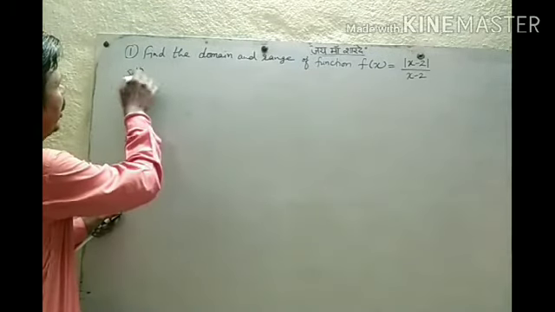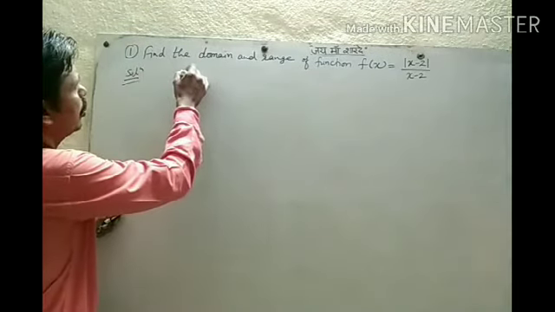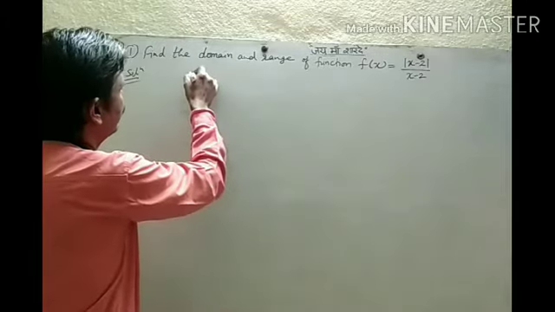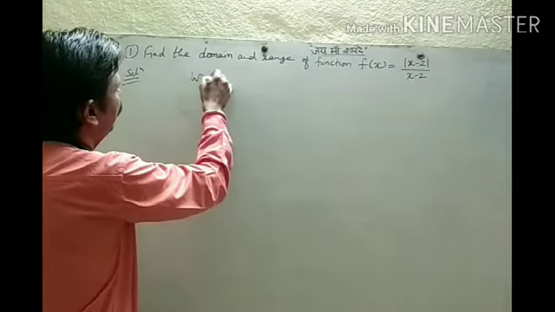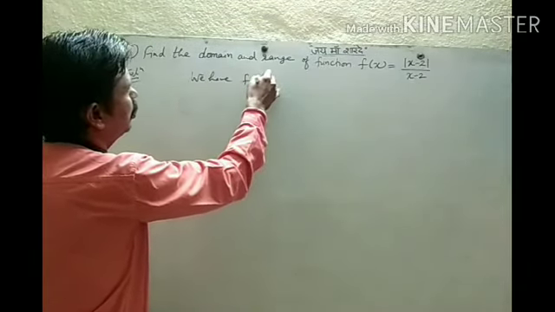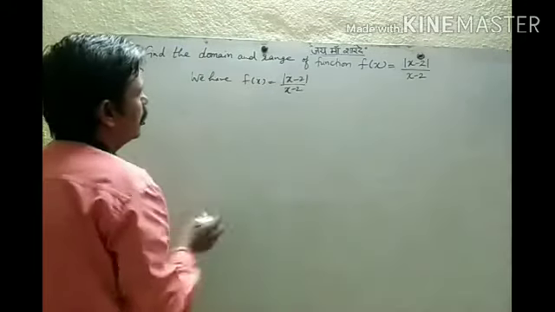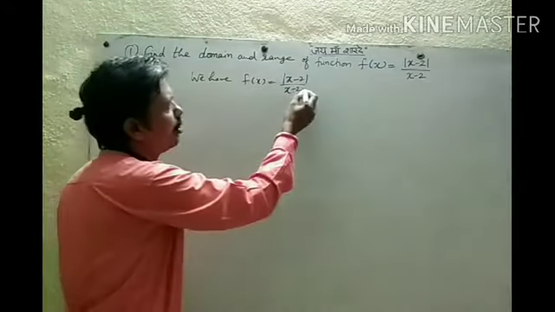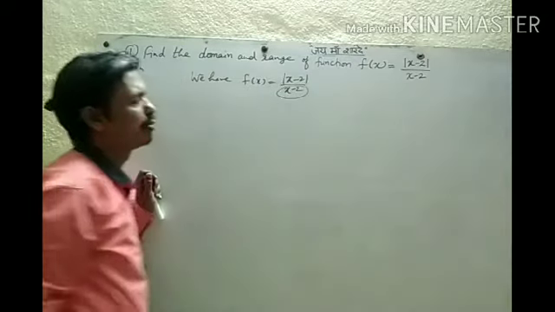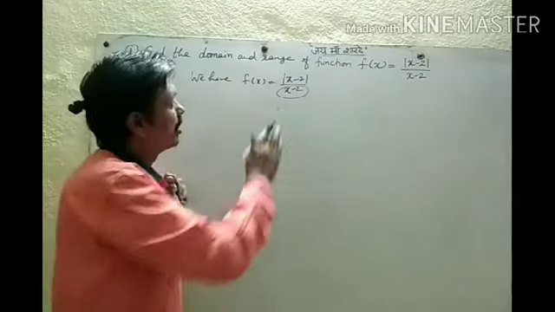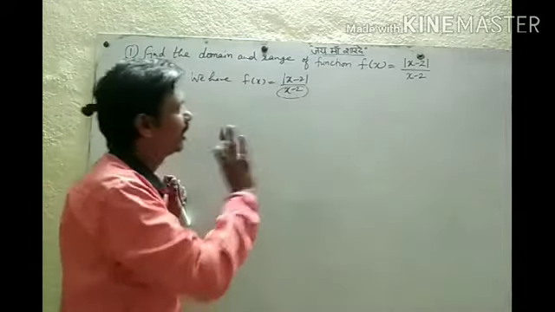So first we'll find the domain. Your f of x is mod of x minus 2 upon x minus 2. Now here the denominator is x minus 2, a polynomial. We know the denominator cannot be 0 for any x.